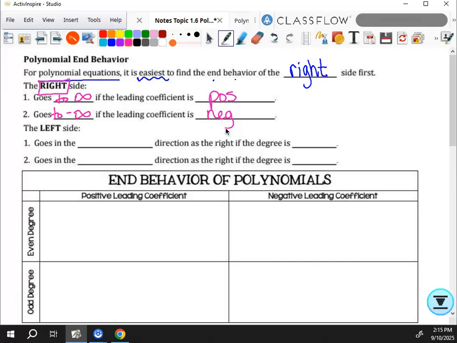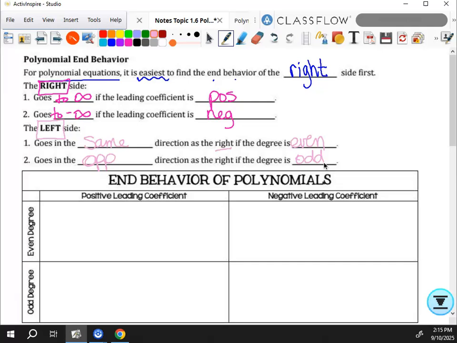So the right-hand side tells me if the leading coefficient is positive or negative, which way it is pointing. Then the left side: after we figure out the right, if the left side goes in the same direction as the right, then the degree is even. If the left side goes in the opposite direction, then the degree is odd.